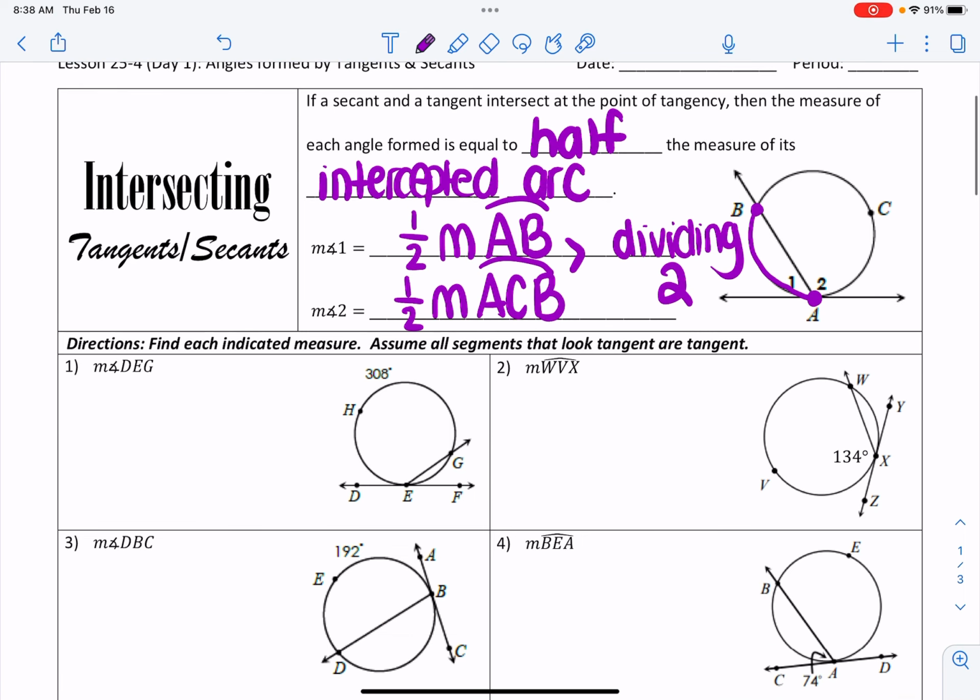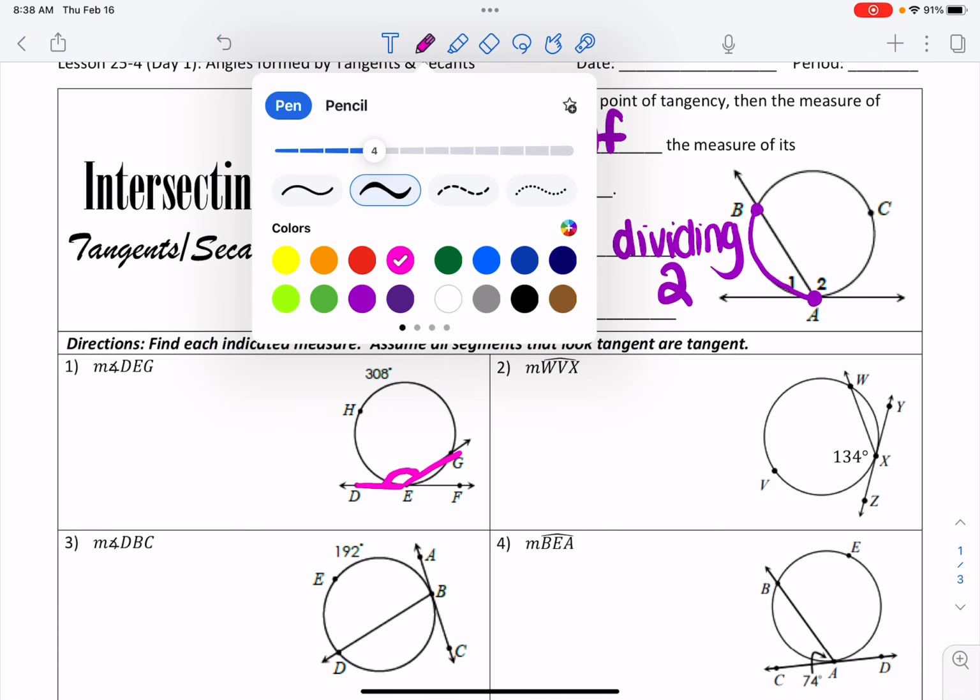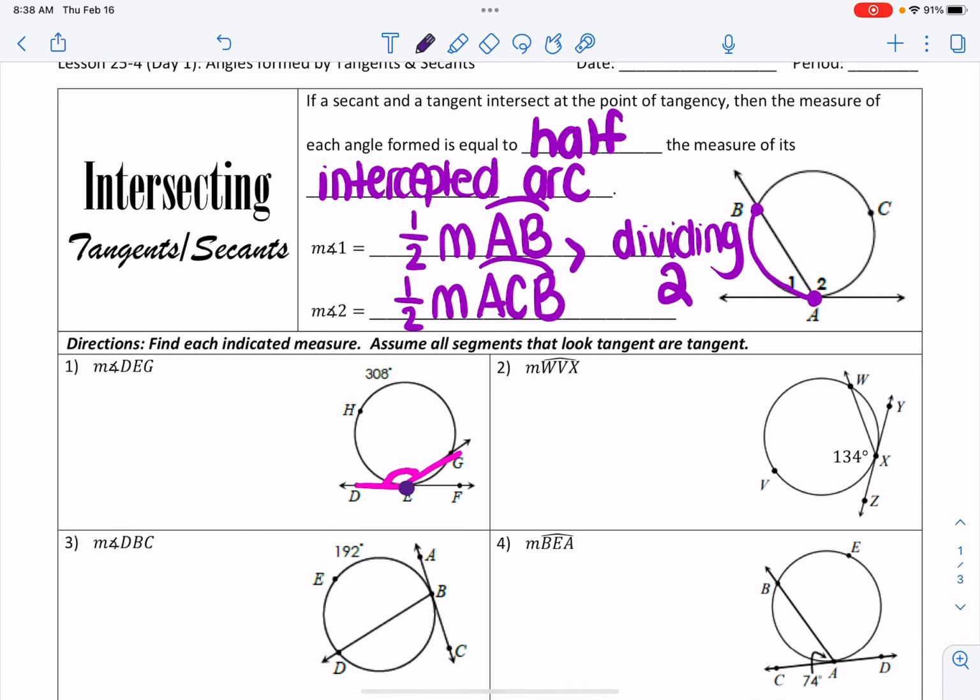So, question 1, you will start the problem off as you've always done before. Start by labeling what you're trying to find. I'm trying to find the measurement of angle DEG. So DEG would be this angle here. And then where your arc is, it starts at your point of tangency and then goes around until that pink line stops.